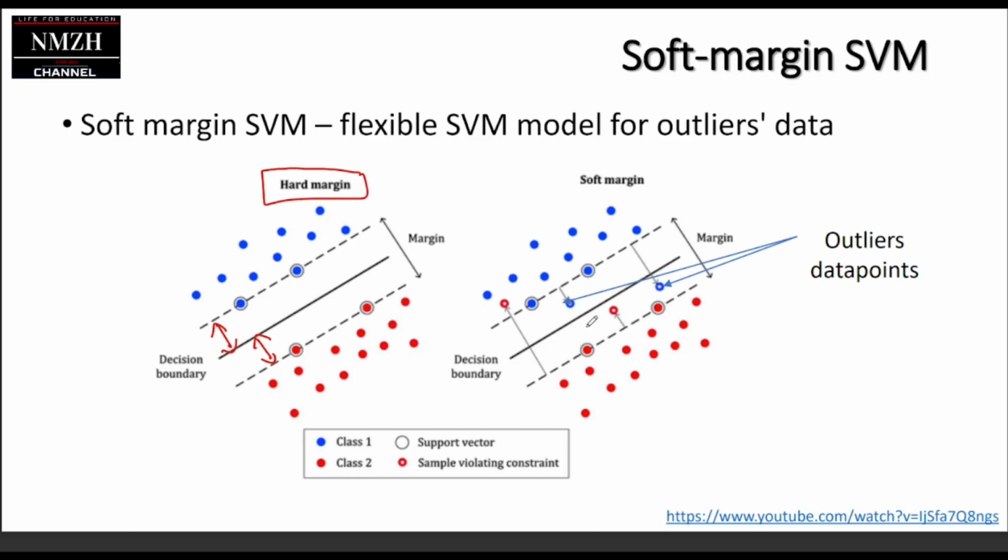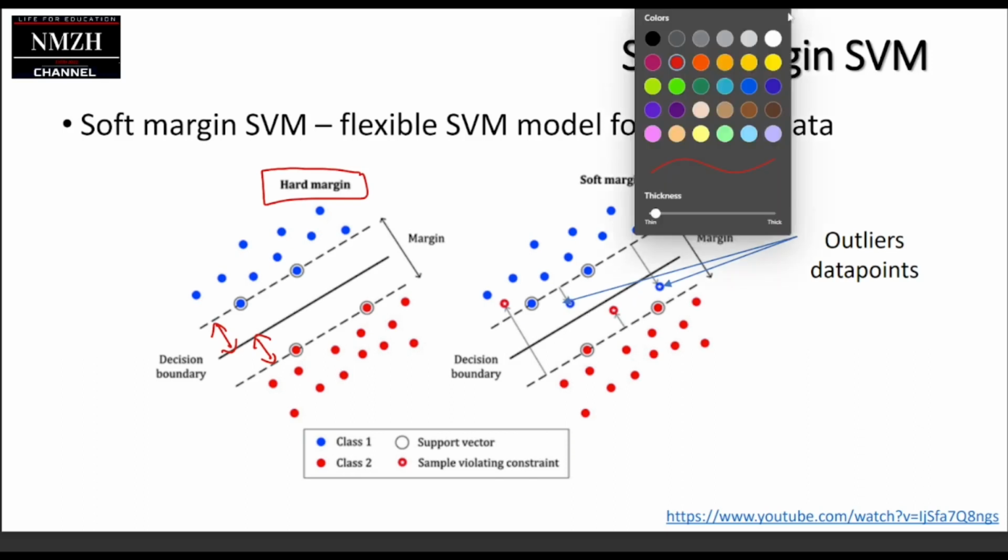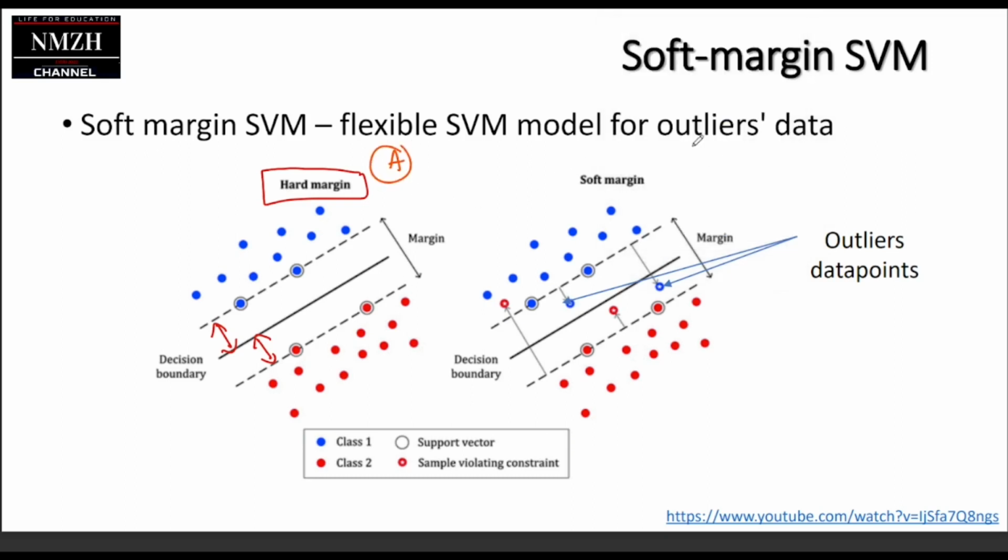So for instance, let's say this one is A case, this one is B case, right? So say we have this point and this point, so we draw this line as a decision boundary for our SVM hyperplane, right?